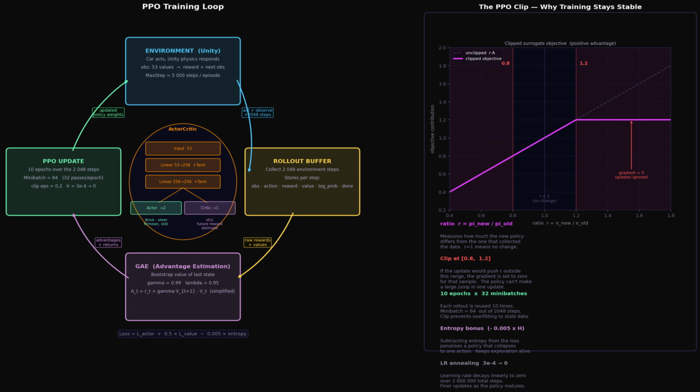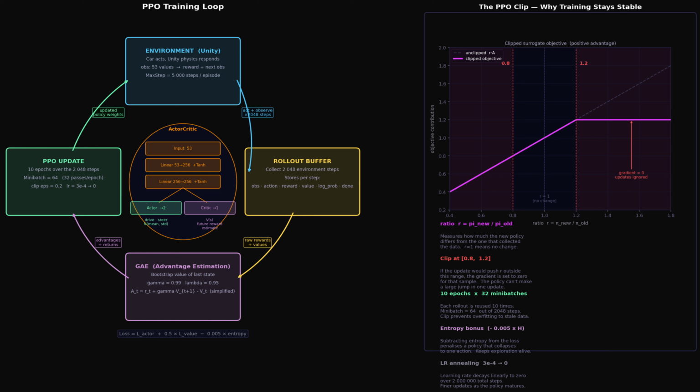We let the car run for 2048 steps. We collect the actions, the rewards, and the observations. This is called a rollout. Then we use the data to update the network weights. The network weights are just the parameters.